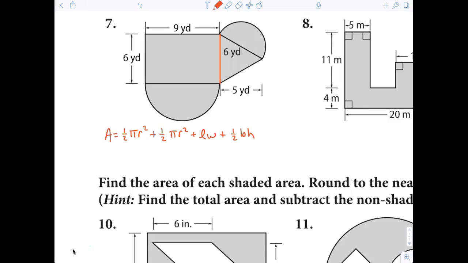All right, so the big semicircle. What's the radius of the big semicircle? 4.5. The radius of the big semicircle would be 4.5. So 1/2 pi times 4.5 squared. What is this distance from here to here? So what's the radius?